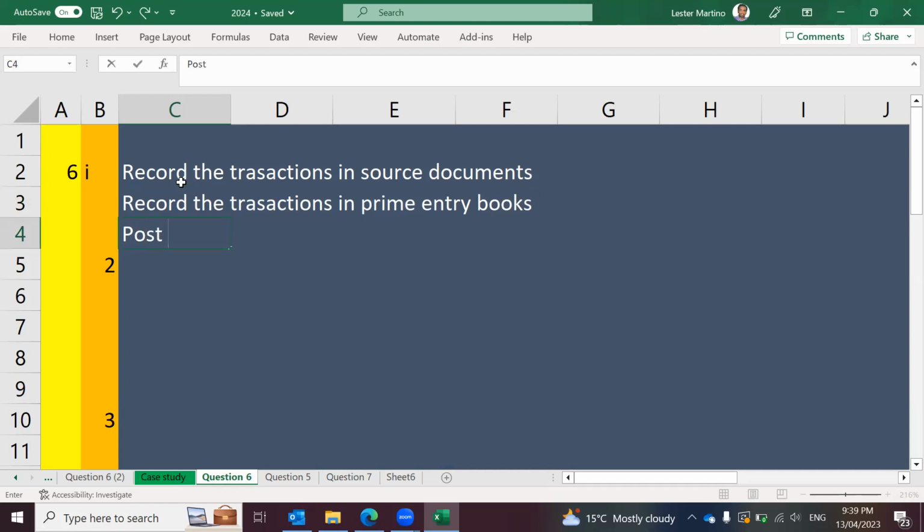Post transactions from prime entry books to ledger accounts.